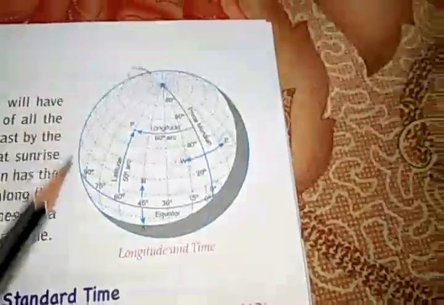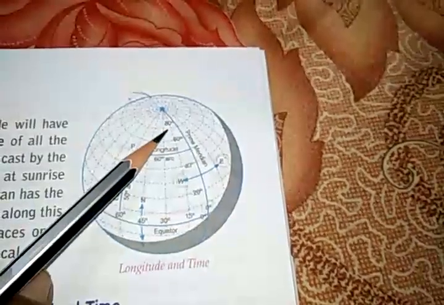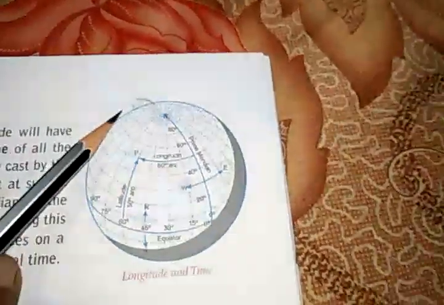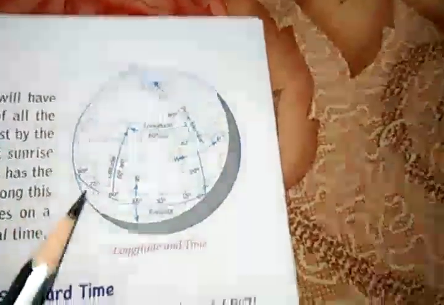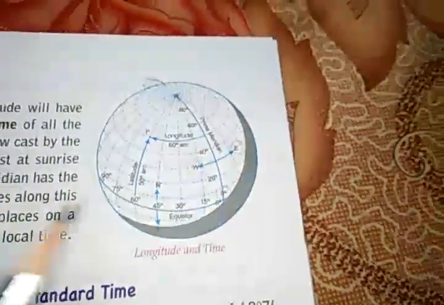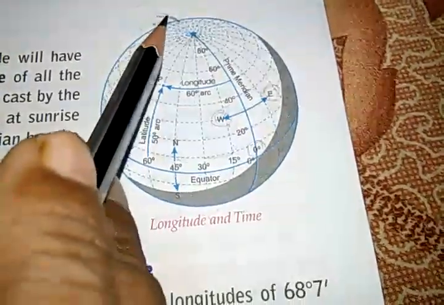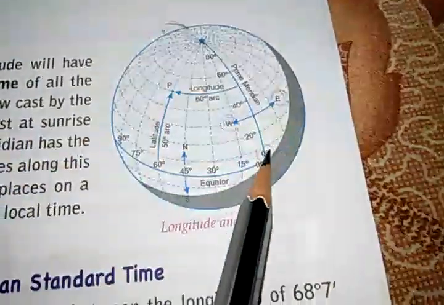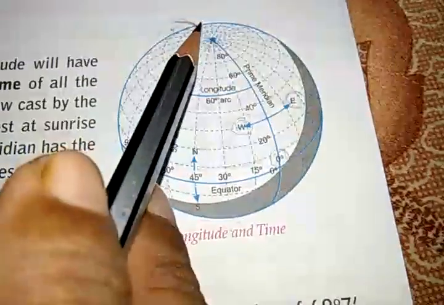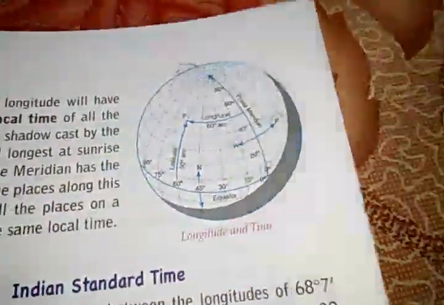So this half circle is called the prime meridian, and the other half circle on this side is called the 180 degree east and west longitude. If you go from this, it becomes 180 degree west longitude. If you go from this side, it becomes 180 degree east longitude.